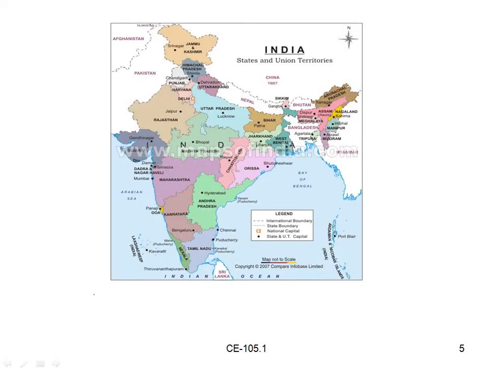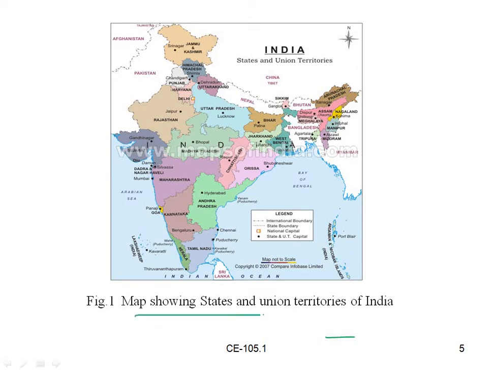We have seen the plan. Now let us see the map. This is our India map. You can see all the states. We call this a map showing the states and union territories of India.